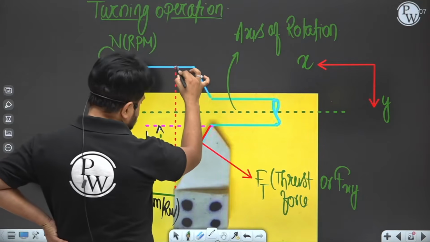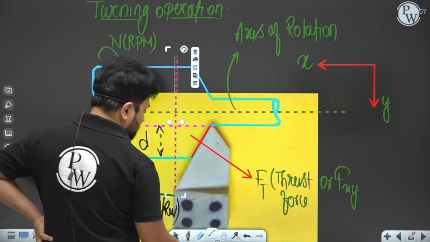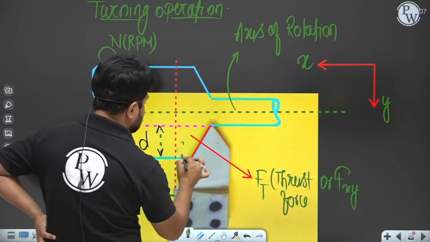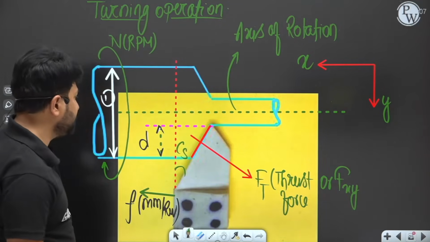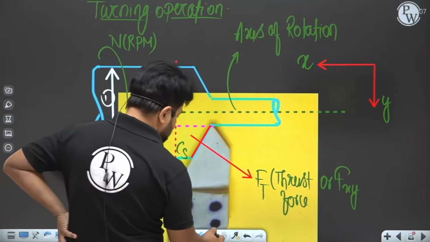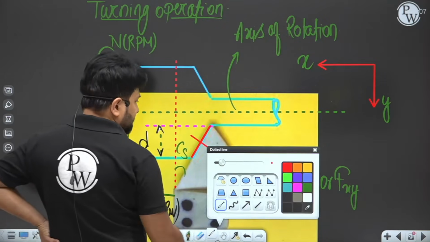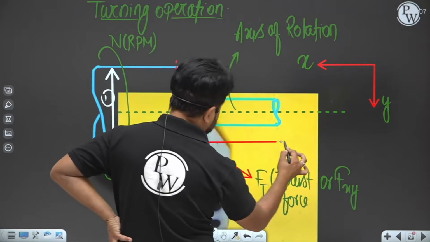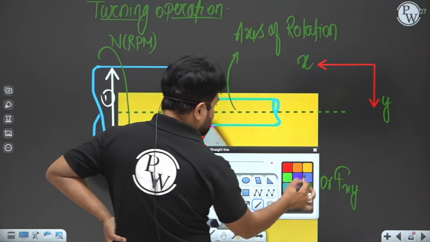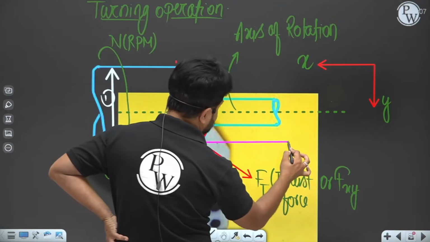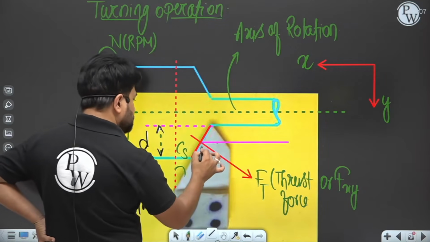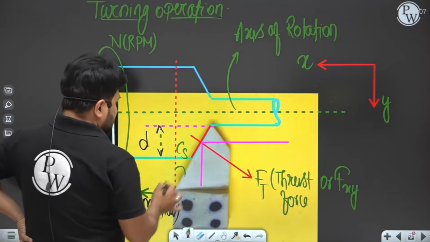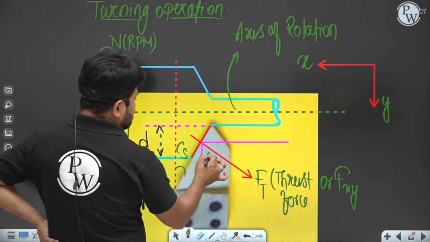This is basically a line. Now see here, this is the side cutting edge. If you take the component of Ft along the axis of rotation and across the axis of rotation, this angle is Cs, and this is 90 minus Cs.